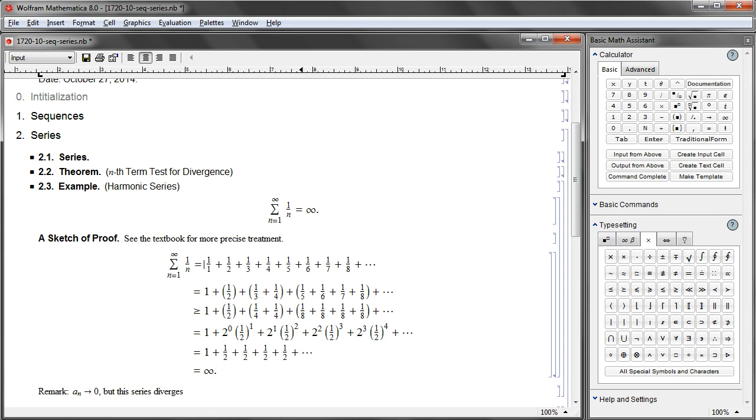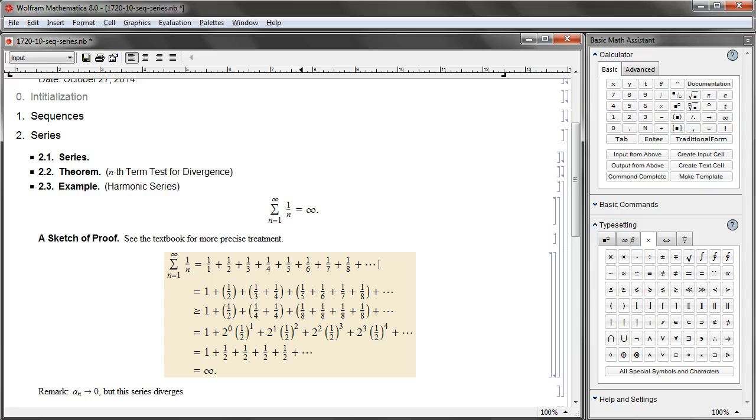Here's the harmonic series, 1 plus 1/2 plus 1/3 plus and so on. And now we do something mysterious. We just group this series: up to 1/2, and then up to 1/4, 2 numbers, up to 1/8, we have 4 numbers, up to 1/16, you have 8 numbers, up to 1/32, we have 16 numbers, and so on.